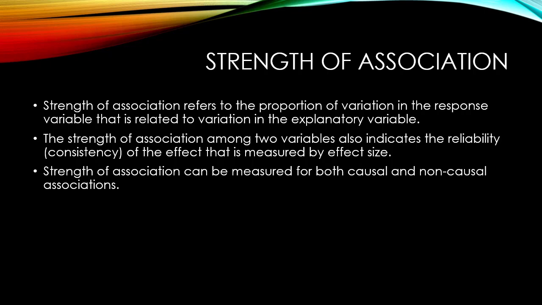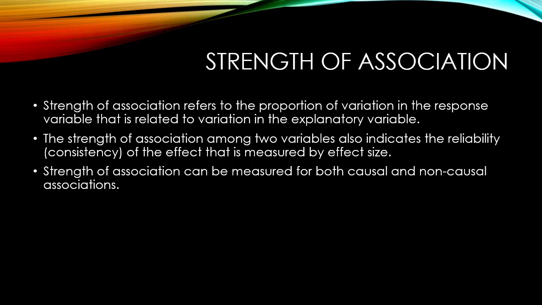So to summarize, when we have an association among two variables that may or may not be causal, to determine causality, we have to have a proper experimental design. When we talk about effect size, we may or may not be indicating the effect of an explanatory variable on a response variable.